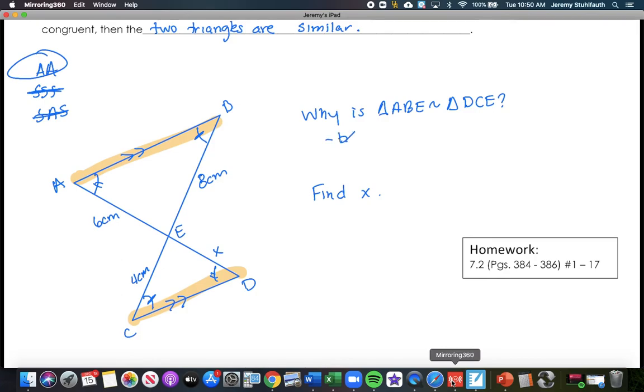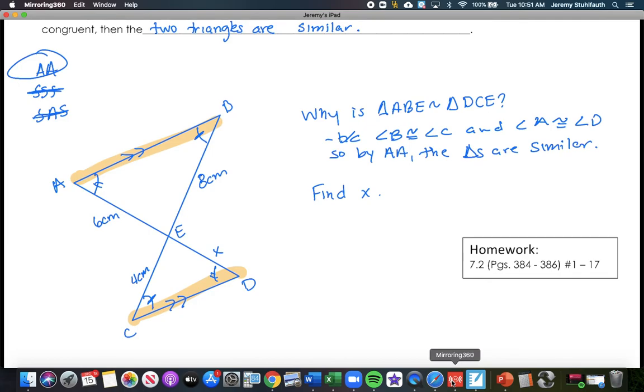It is because angle B is congruent to angle C and angle A is congruent to angle D. So by angle angle, the triangles are similar.